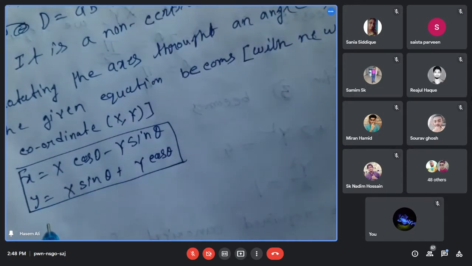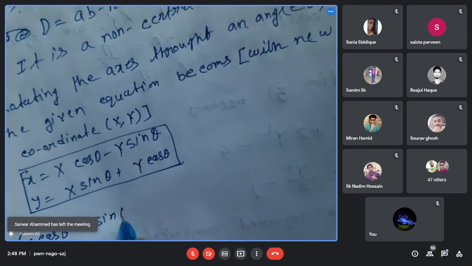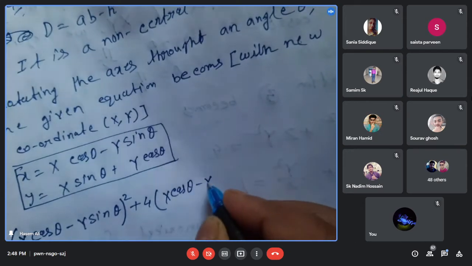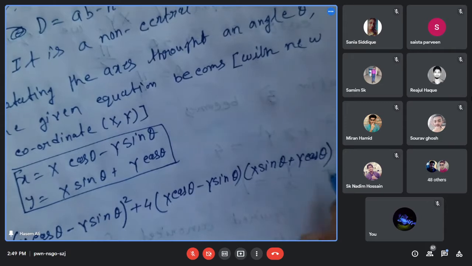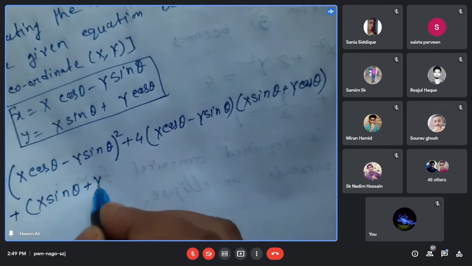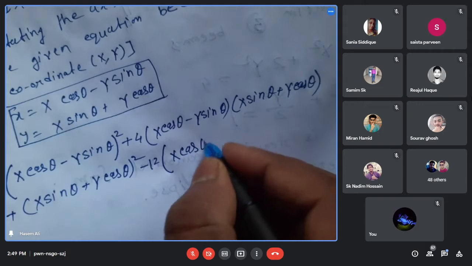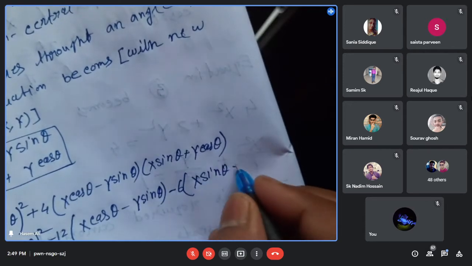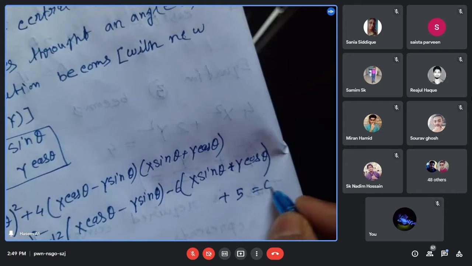The new equation becomes 4 times (X cos theta minus Y sin theta) whole square plus 4 times (X cos theta minus Y sin theta)(X sin theta plus Y cos theta) plus y square, here y square is (X sin theta plus Y cos theta) square, minus 12 times (X cos theta minus Y sin theta) minus 6 times (X sin theta plus Y cos theta) plus 5 equals 0.